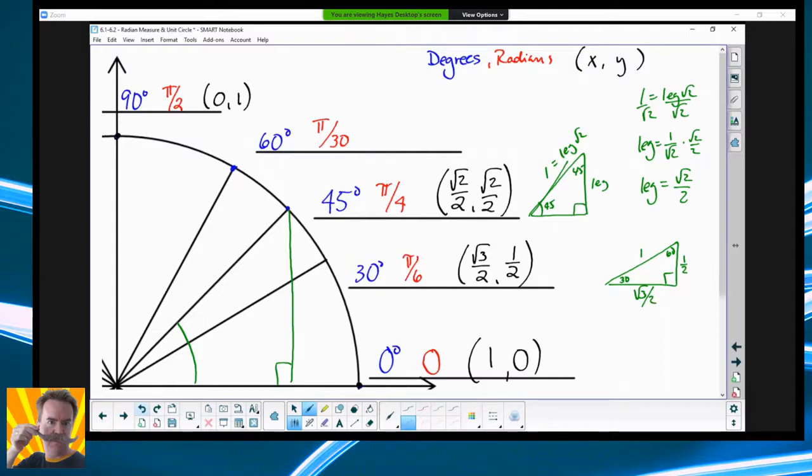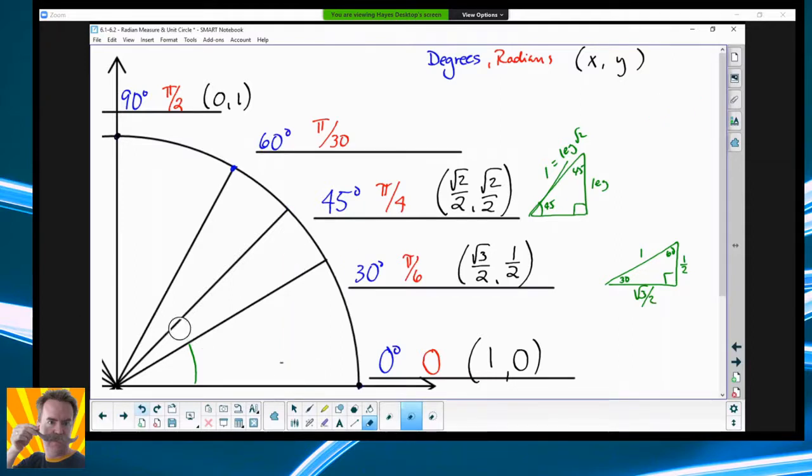Again, a 45, 45, 90 triangle has special relationships between the legs and the hypotenuse.